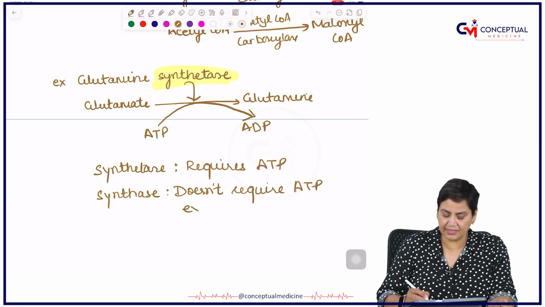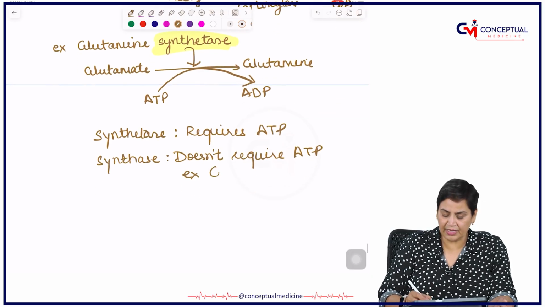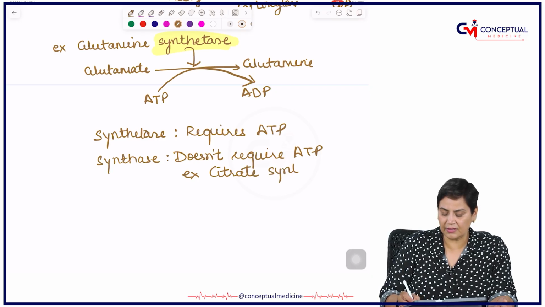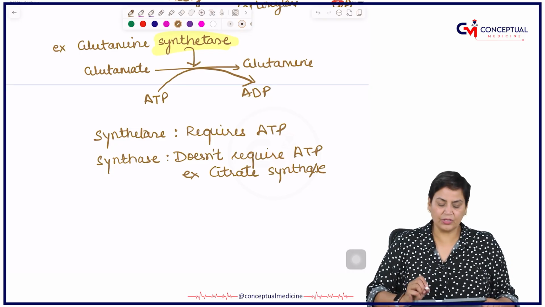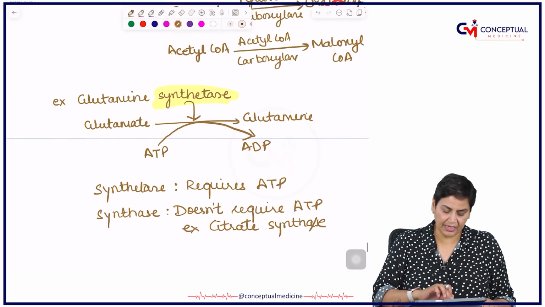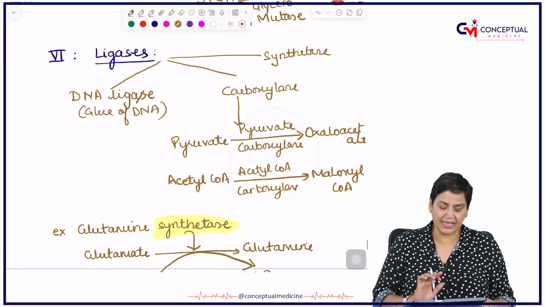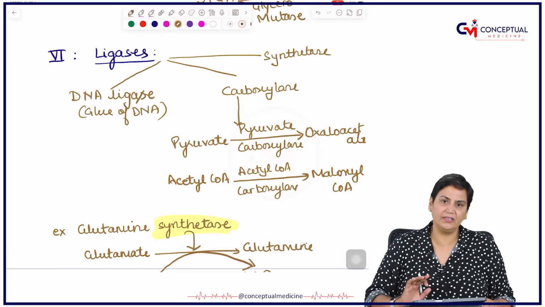An example is simple citrate synthase. So many examples are there where no ATP is required and still synthesis goes on. So this is the main difference, and synthetase will come under ligases.